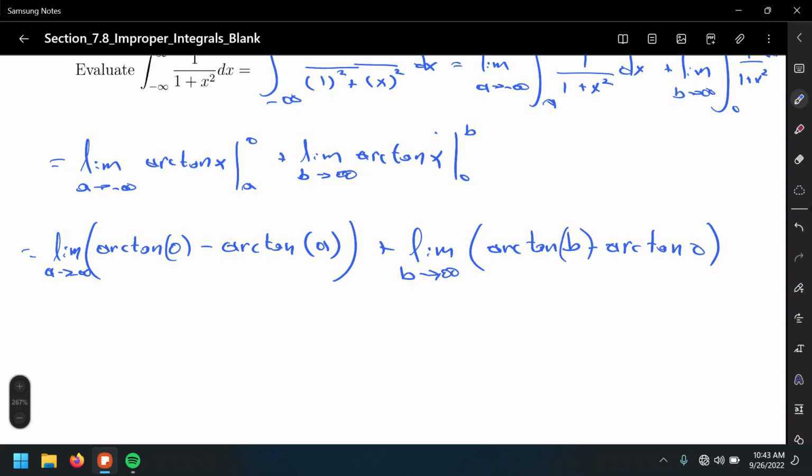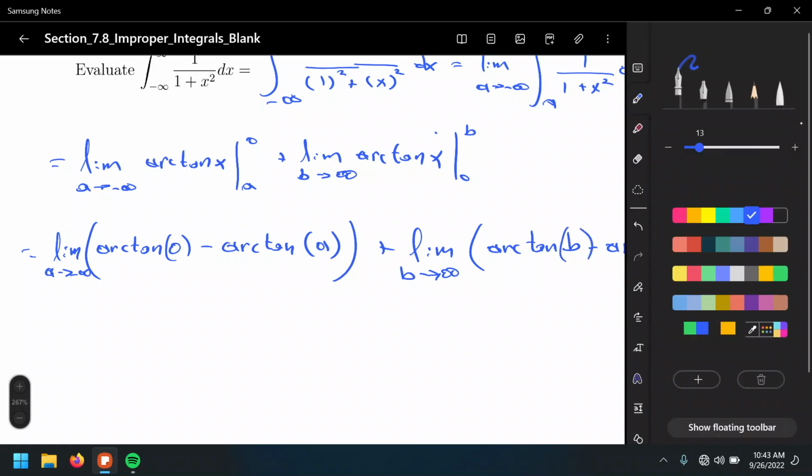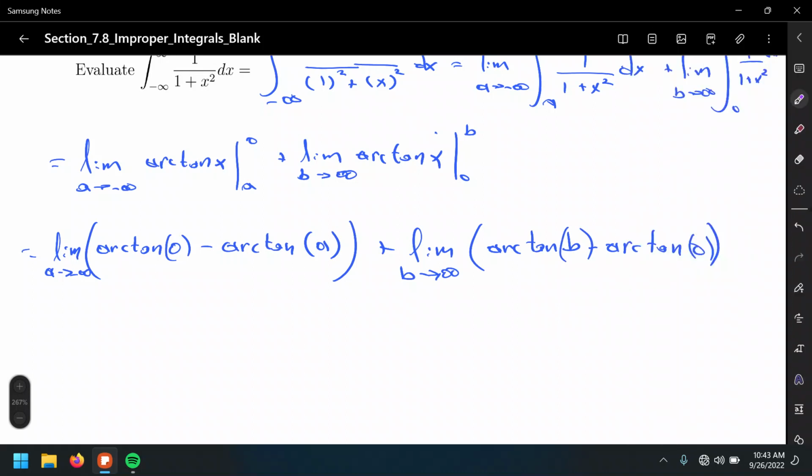I guess the easiest quantity here to compute is the arctangent of 0. In other words, what angle has a tangent equal to 0?